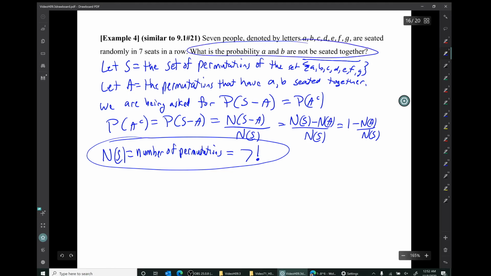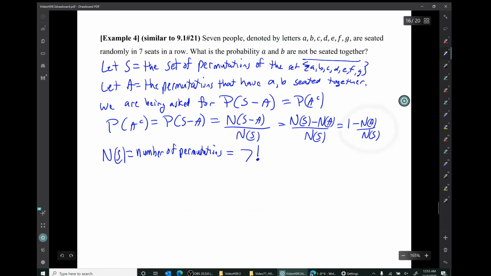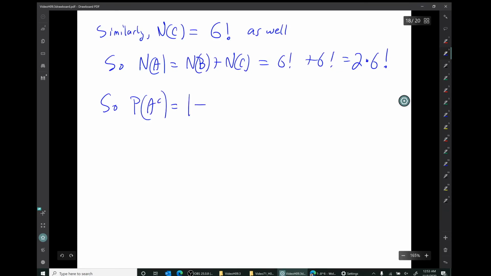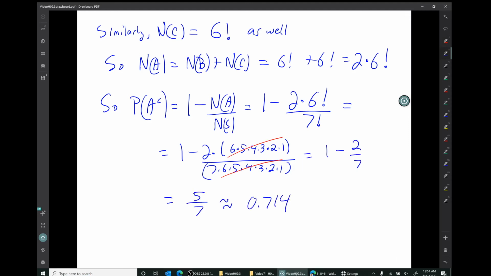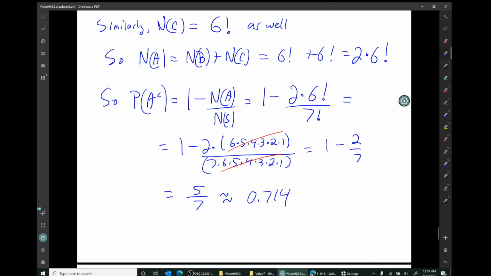The probability that A and B are not seated together, that's the probability of A complement, and that was going to be computed using the difference rule: 1 minus the number of elements in set A divided by the number of elements in set S. We see the probability is roughly 0.714. Now I said that I was going to solve this problem two ways. I think I won't. In the interest of time, let's go on.